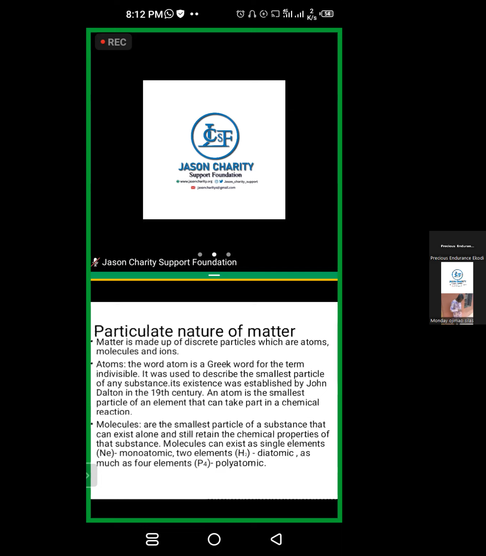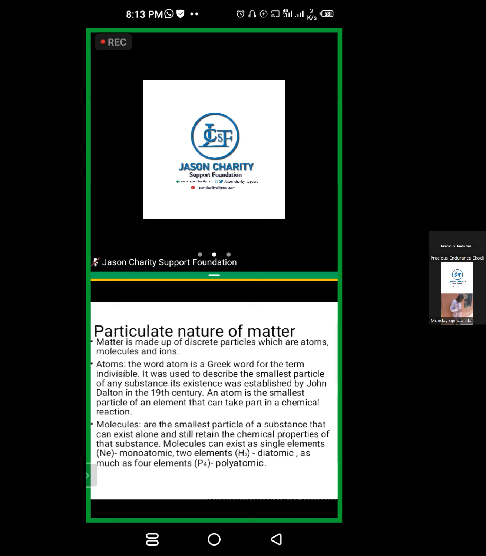Now, we did say that atoms are the smallest particles of any element. So examples of molecules are your oxygen molecule and your hydrogen molecule. These molecules exist in different states.